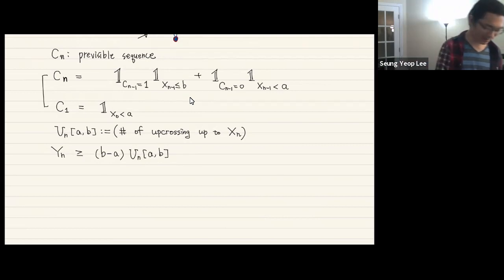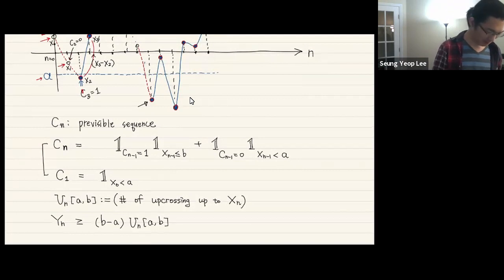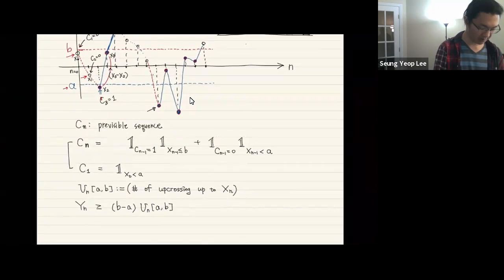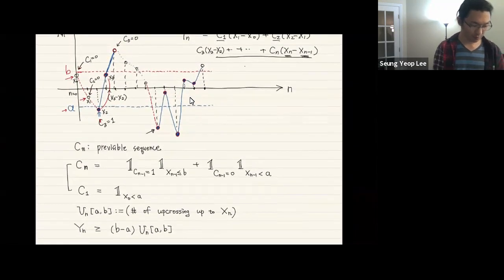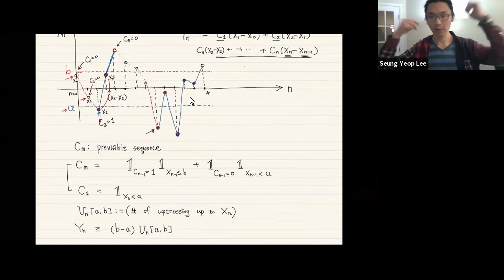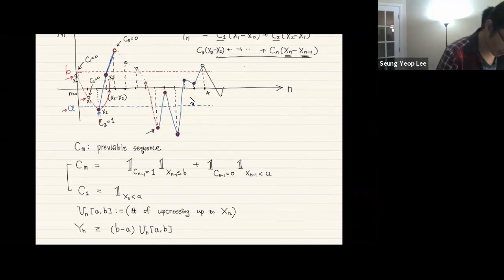Why? Even though there are 2 up crossings, in the above example this is true. If N is only showing in this graph, then YN for this final N exactly satisfies this inequality. Up crossing is 2, so B minus A times 2 is of course smaller than our earning by Y. But this is not true because it may keep going.